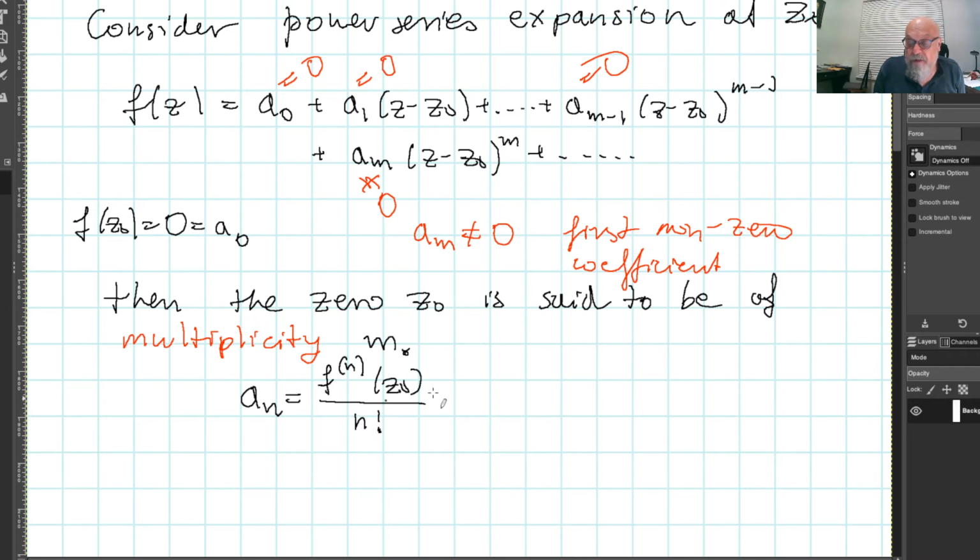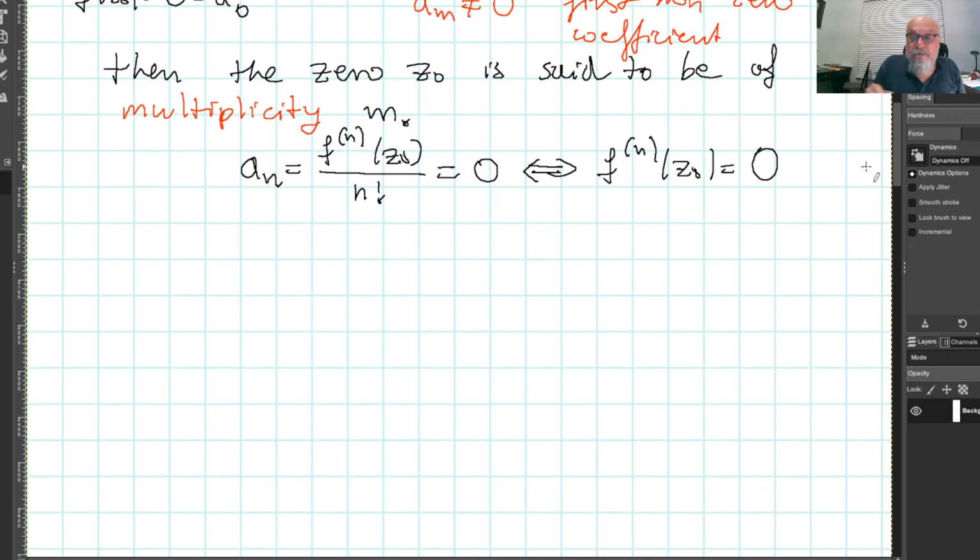So if this is equal to 0, that is equivalent to f^(n)(z0) being equal to 0. So let me put it like a proposition.